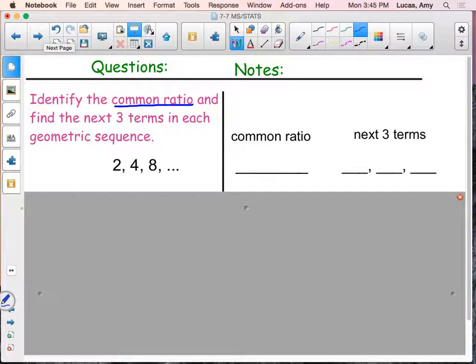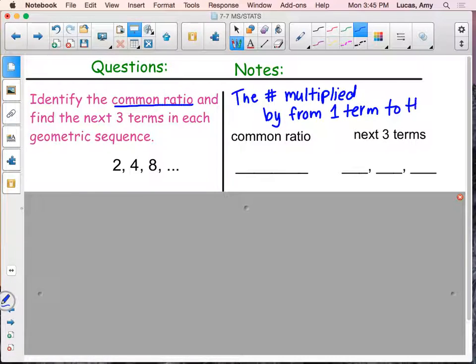So common ratio, the number multiplied by. So notice I did not say divided. The number multiplied by from one term to the next. All right, so the number multiplied by from one term to the next is your common ratio.